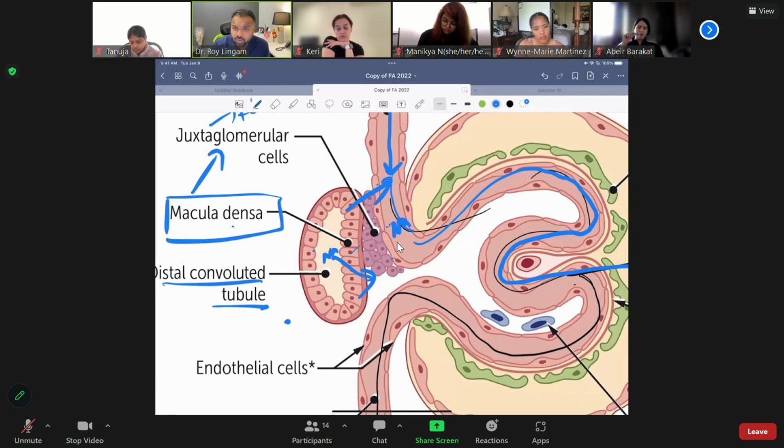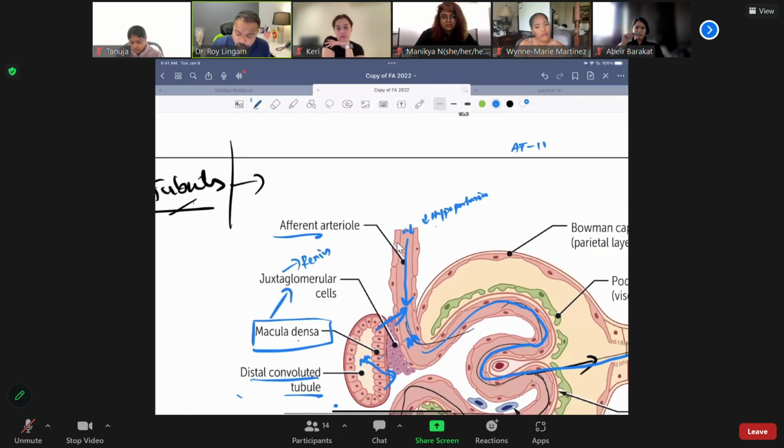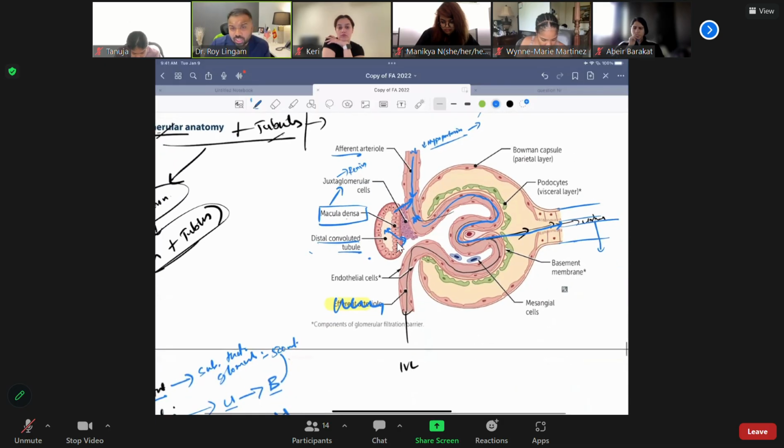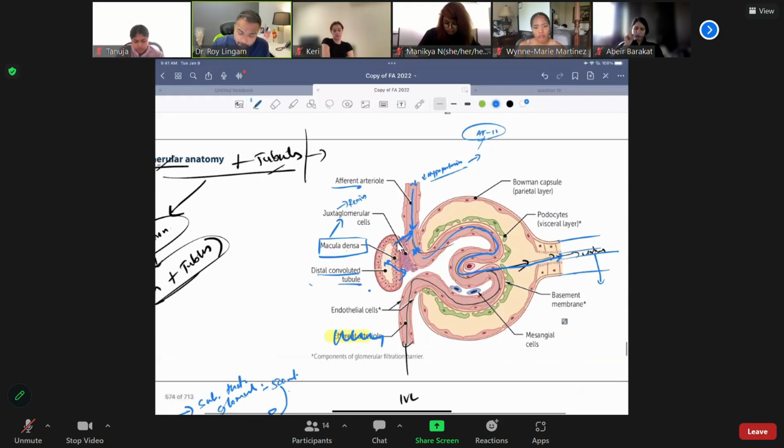That's why anytime your kidney has low perfusion, you should have an increased angiotensin system. Is everybody clear, folks? That's why they're sitting next to the afferent arteriole, so they could scan it and make a decision before it happens. All right, so that's that.